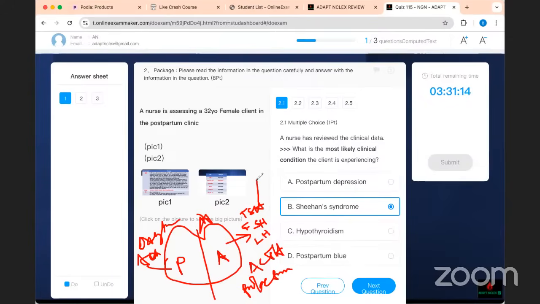So there's no TSH. That's why she has hypothyroid symptoms. There's no FSH, LH. That's why she has gonadal problems. She has never had any menses. Prolactin is very, very low, so she cannot breastfeed. ACTH is also very, very low. She has adrenal insufficiency.